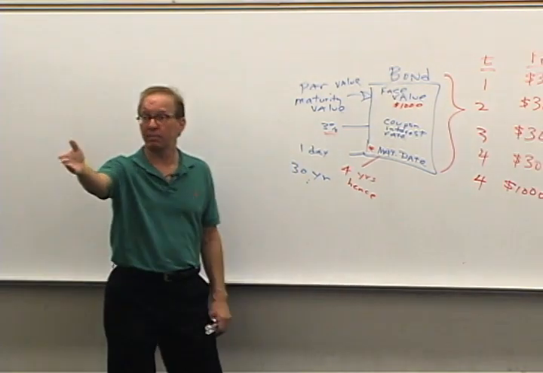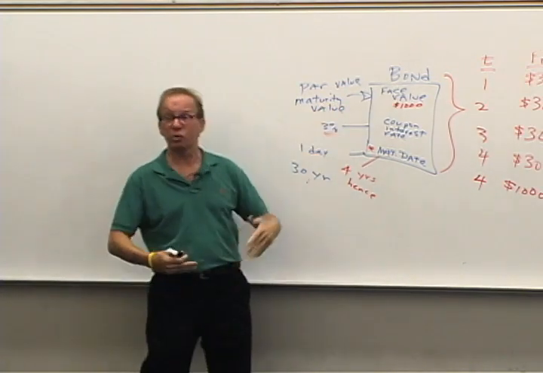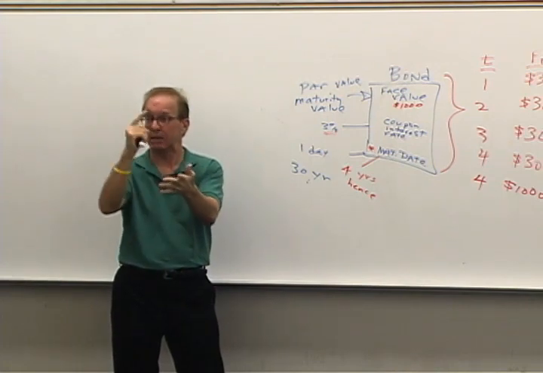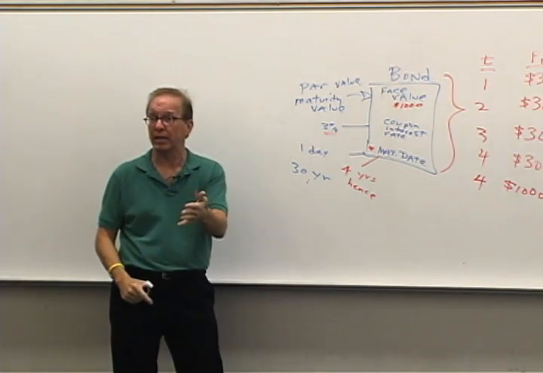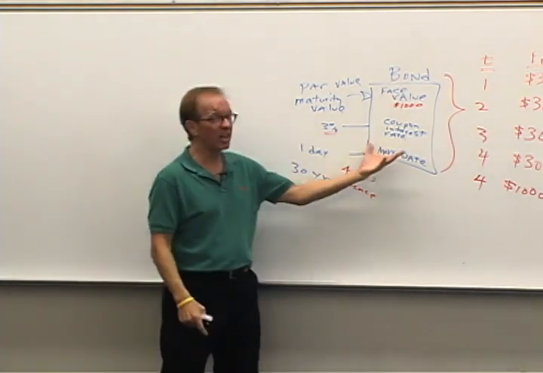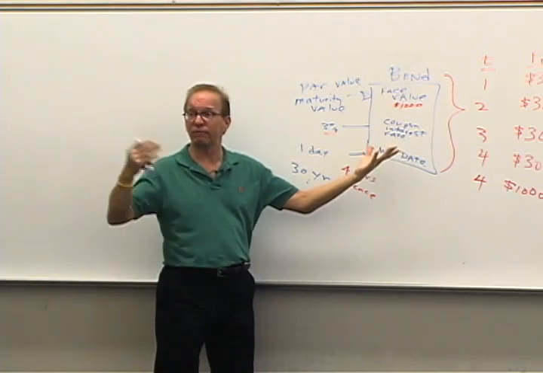For you, it might be a different number. But the point is, you're not governed by this 3%. That 3% is just when they are telling you, hey, we'll give you $30 1 year from today, $30 2 years from today, $30 3 years from today, $30 4 years from today, and then we'll pay you off $1,000. And so this bond is really just a contract telling you about a series of future payments.